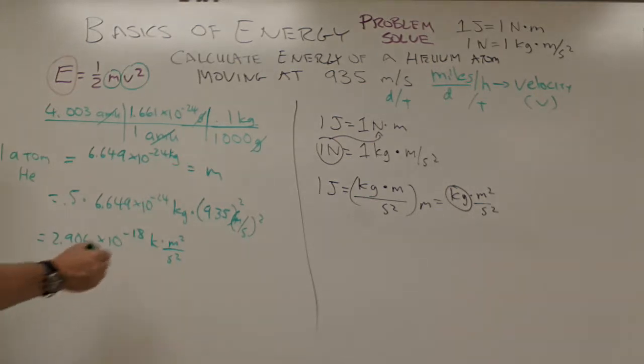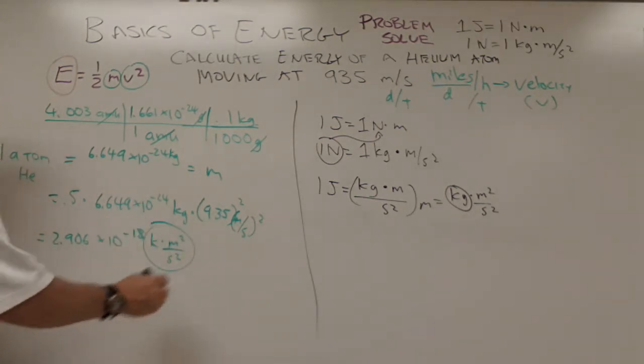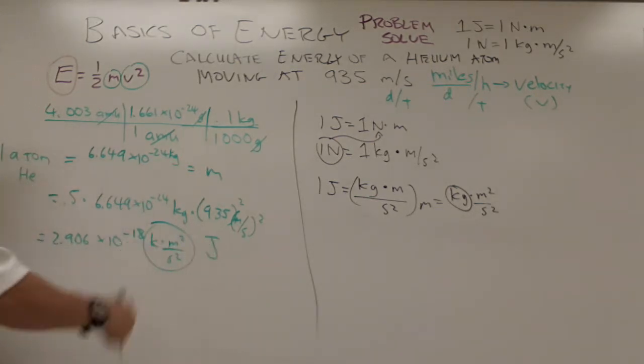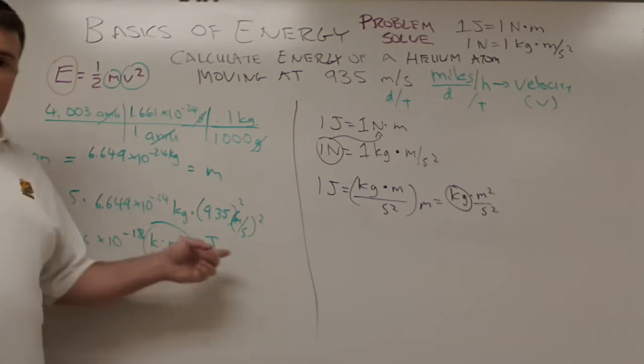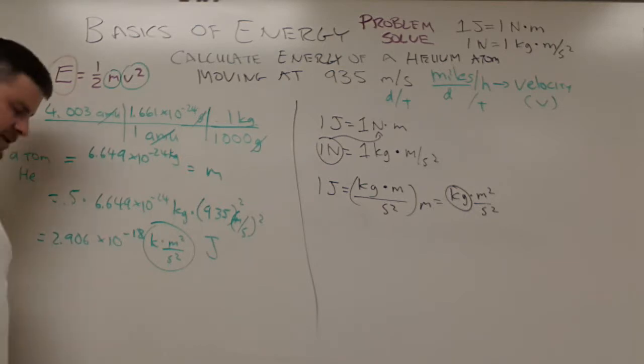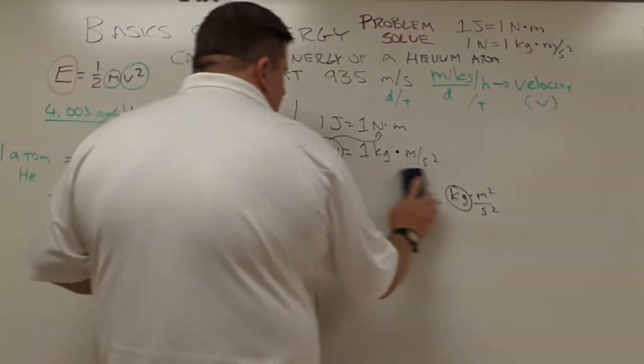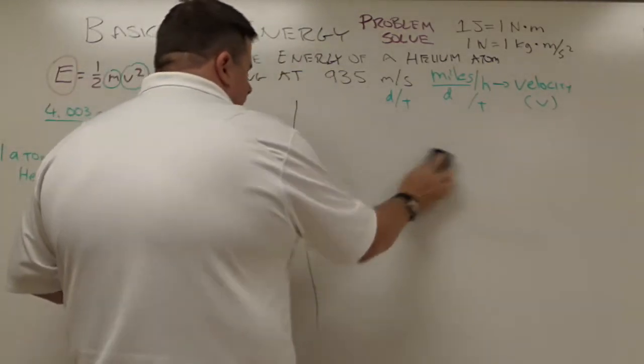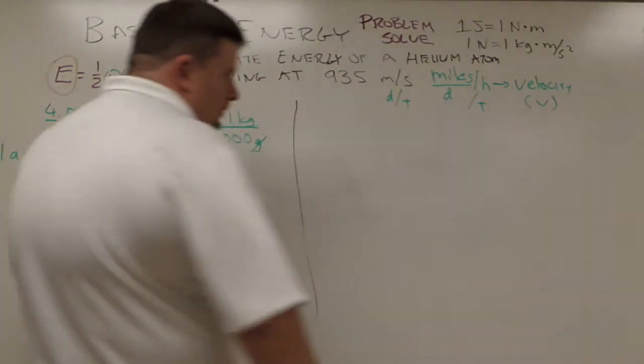And another convenient way of looking at this, I can just write joule instead of writing all of that stuff out. All right? So I've calculated the number of joules that this is expressing at this point. Okay? And I told you I'd figure this out using the math components. All right? So let's do it that way.